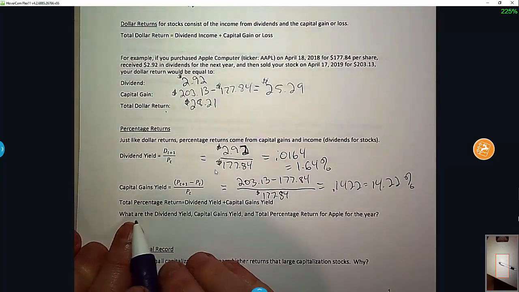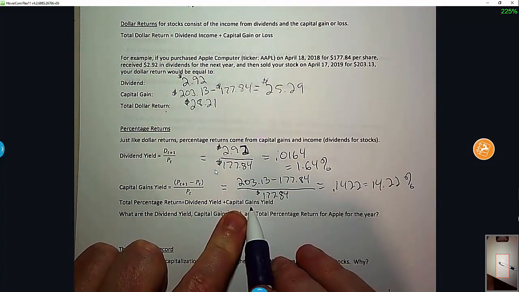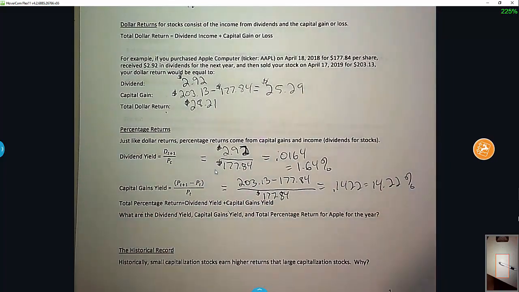So the total percentage return is equal to the dividend yield plus the capital gains yield. So we're going to add those two together, and that's our total return for the year.